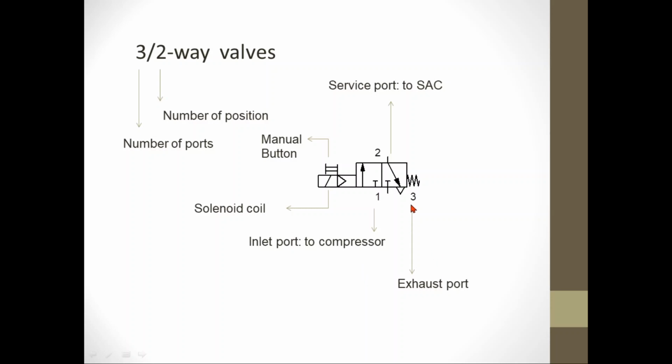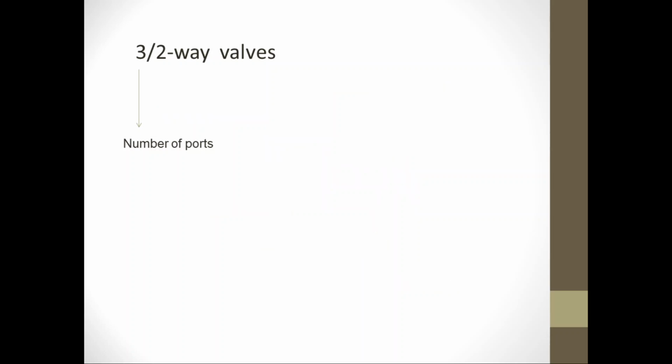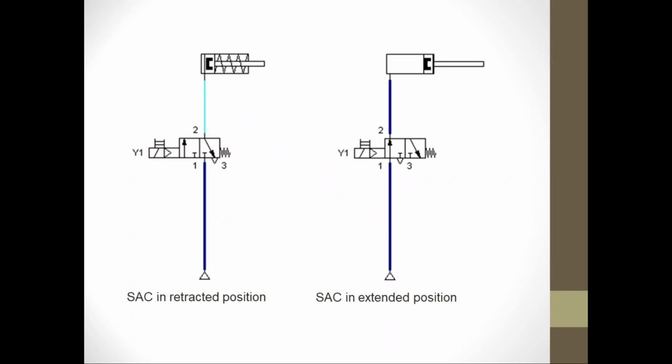The exhaust is given when the single acting cylinder will be brought to its initial position. Recall that in a single acting cylinder, air is used to push the piston rod to its extended position.